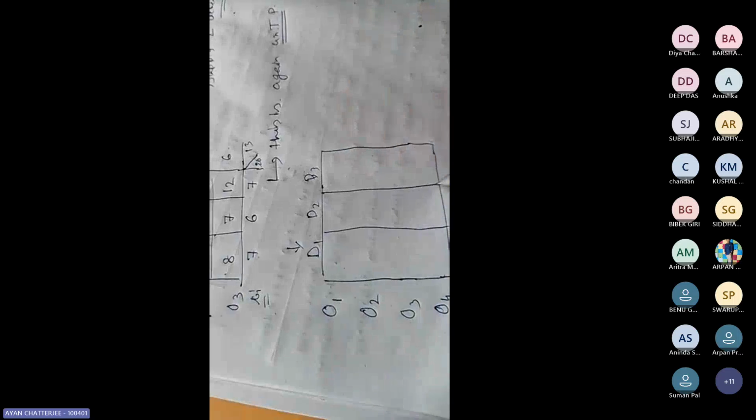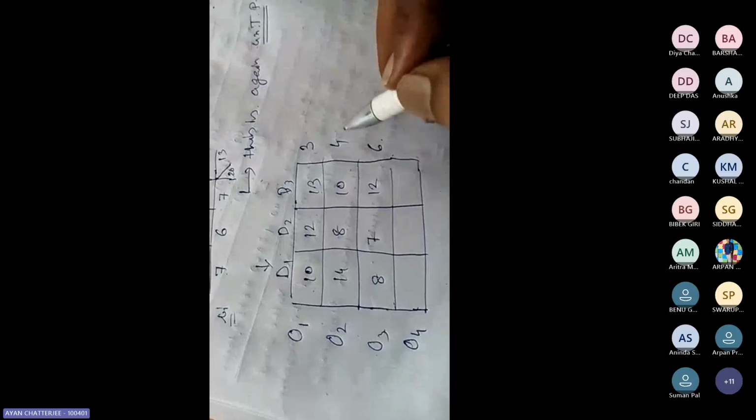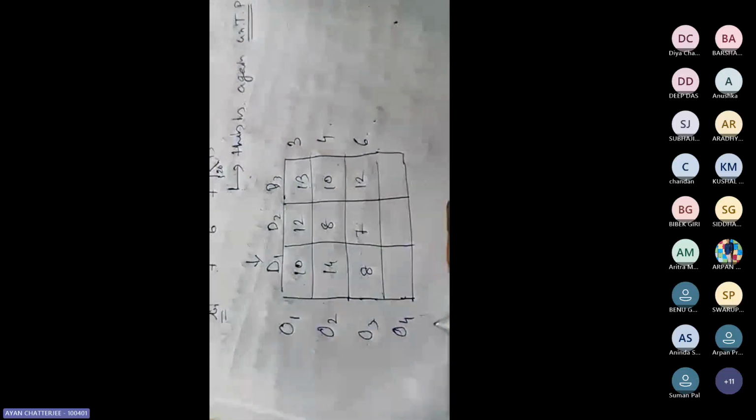And if you get it over there, you can see it like this. So the values are like 10, 12, 13, 14, 8, and 10, 8, 7, and 12. Now already I know what these factories O1, O2, and O3 can provide: 3 unit, 4 unit, and 6 unit. And corresponding to my demand, it was like 7, 6, and 7.